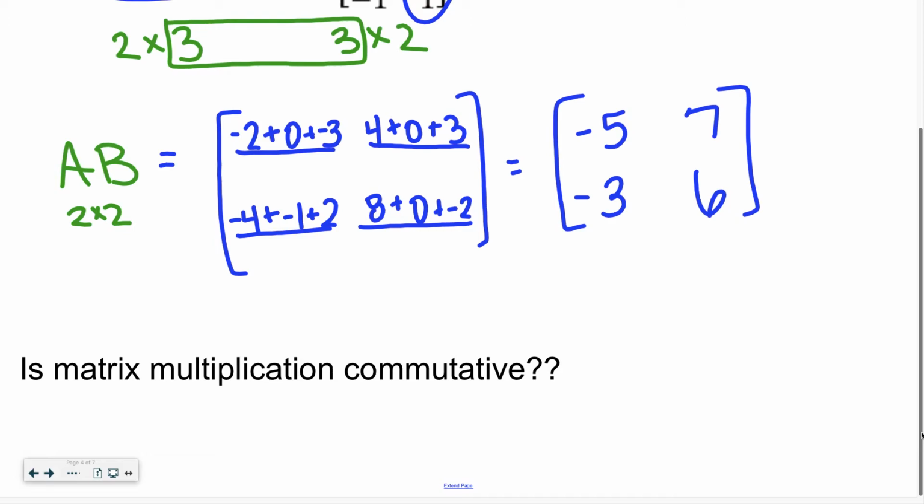All right, who votes yes? Matrix multiplication is commutative. Who votes no? Matrix multiplication is not commutative. Hey, Brayden, tell me why.